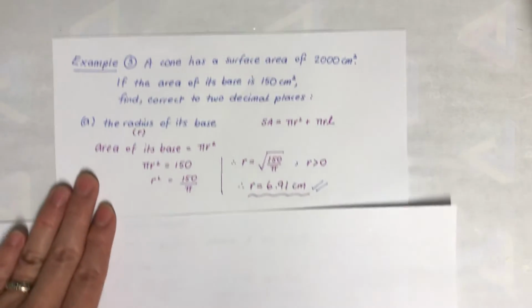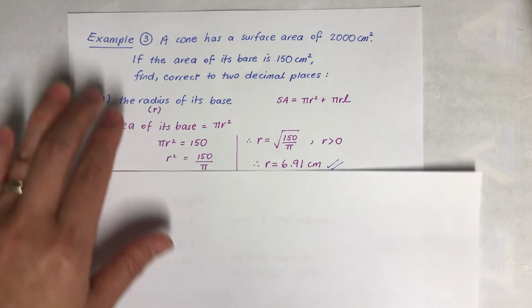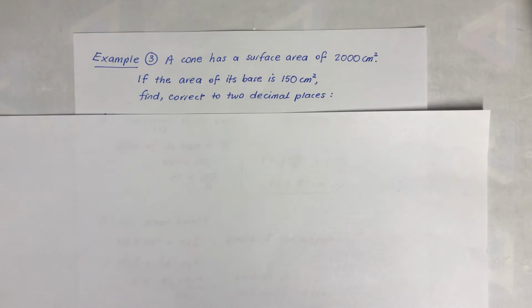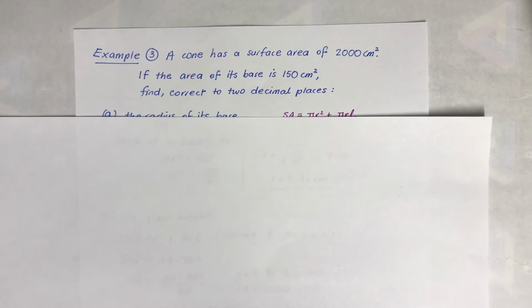Okay, last question. Let's have a look. A cone has a surface area of 2,000 centimeters squared. If the area of the base is 150 centimeters squared, find, correct to 2 decimal places, there are a few things we need to find.